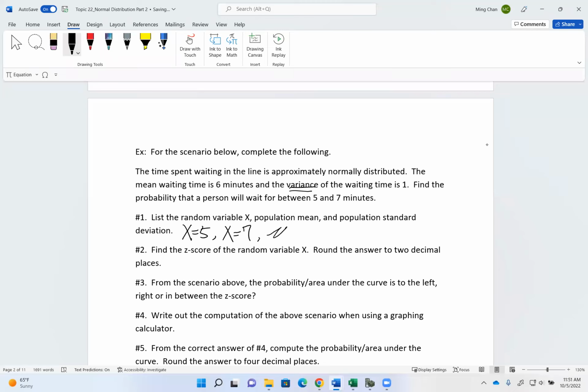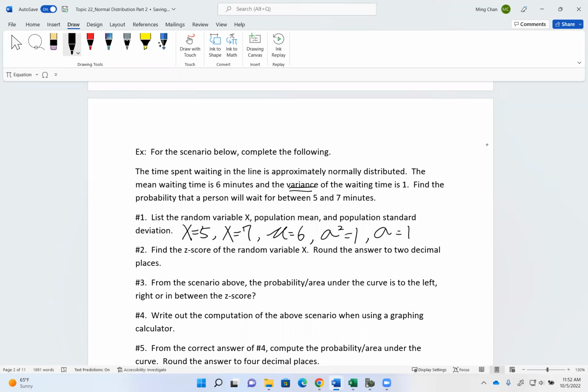Population mean normally is wait times about 6 minutes. And the standard deviation, so what I'm given here is a variance. Variance is sigma squared. So the difference between variance and standard deviation is the square root. So if I take the square root of my variance, the square root of 1 has to be positive 1.